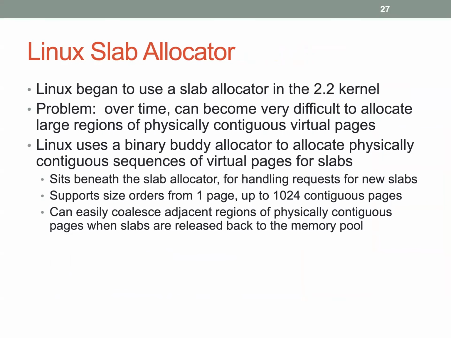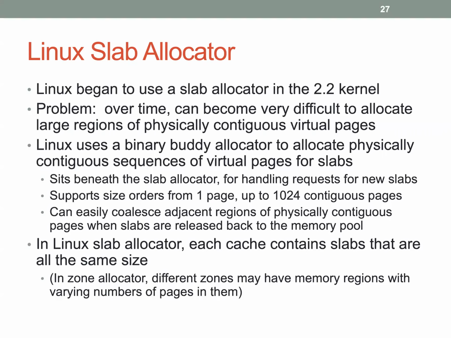It uses the binary buddy allocator for that, to keep physically contiguous regions, and then that is going to sit under the slab allocator, which the kernel can use to ask for DMA friendly or non-DMA friendly buffering for various purposes. Okay.